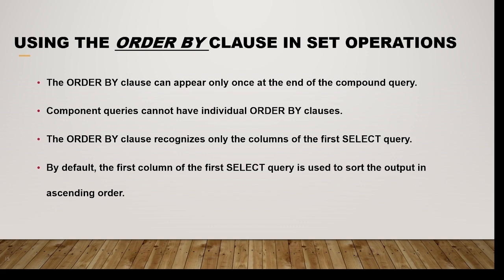By default the output is sorted in ascending order of the first column of the first select query. The order by clause does not recognize the column names of the second select query. Just to avoid confusion over the column names, it is a common practice to order by column positions.